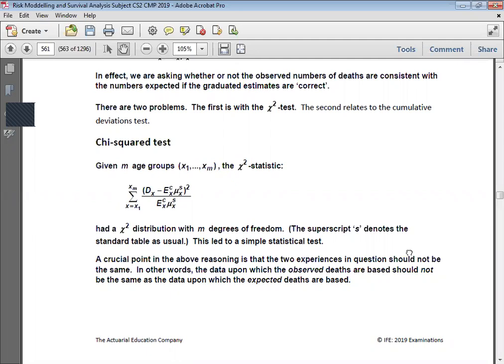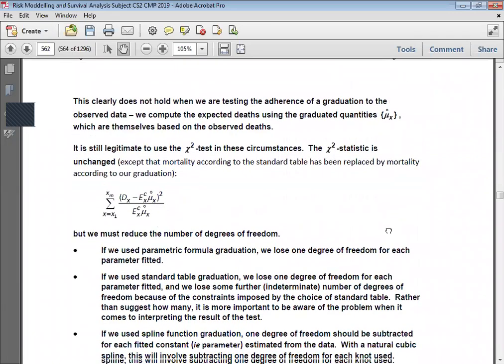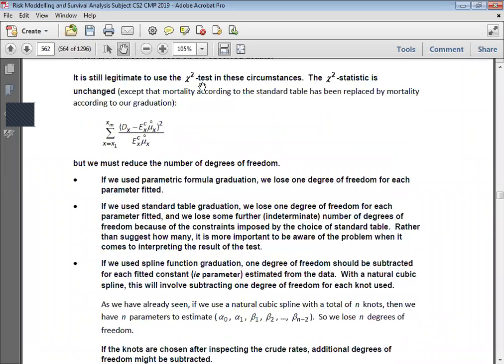But in our scenario this does not hold, because our observed data is computed from the deaths that we observed, and the graduated rates are also from the deaths that we observe. But it is said that it is still legitimate to use the chi-square test. From practical purposes, do not worry about that, but always remember it will reduce some degrees of freedom.